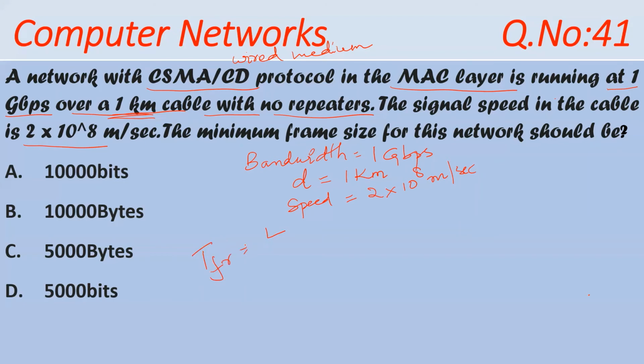TFR, the frame transmission time, is equal to the size of the frame or message divided by the bandwidth. This is the formula.